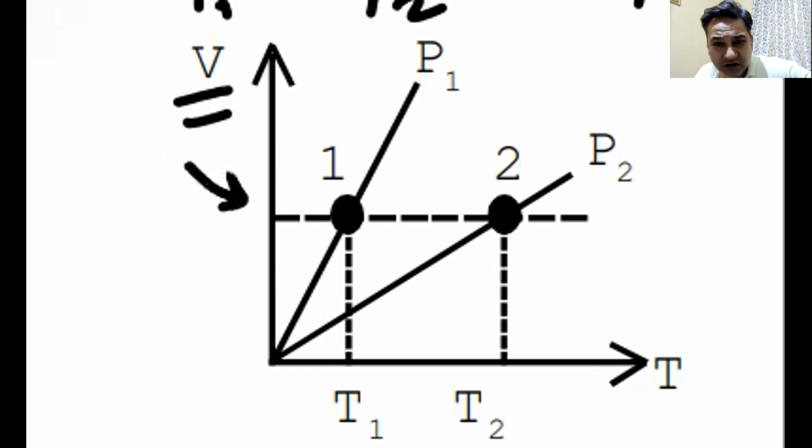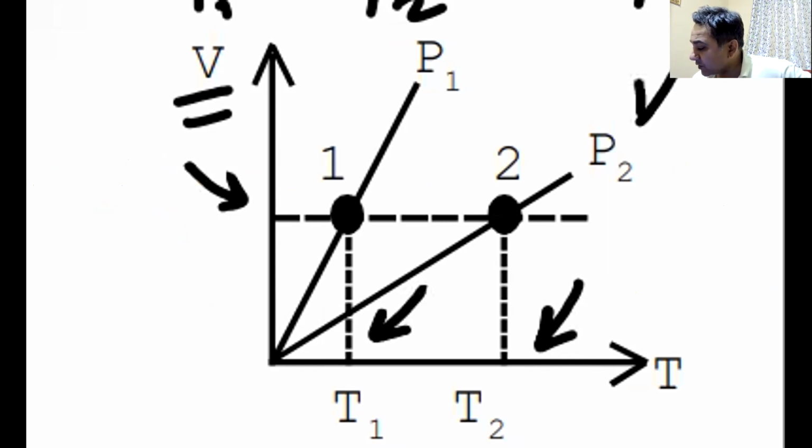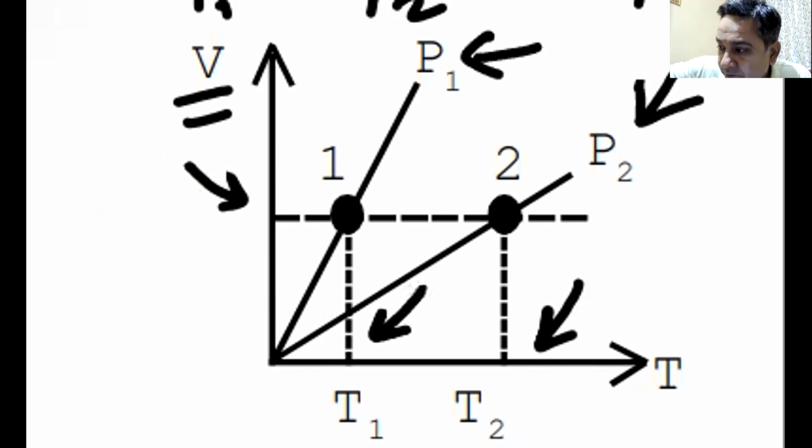Now, if the volume is constant, pressure is directly proportional to temperature. As you can all see, T2 is more than T1, and therefore this pressure P2 will be more than P1. Do we understand this? Can I have a raise of hands from everyone?